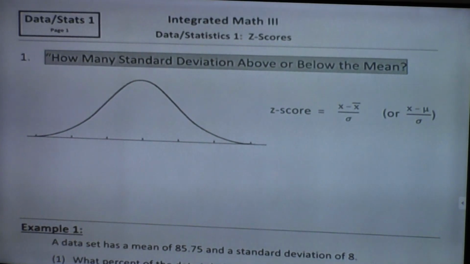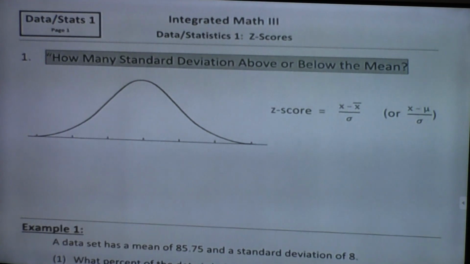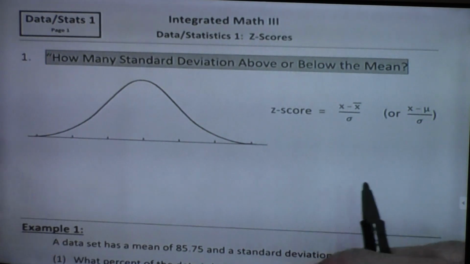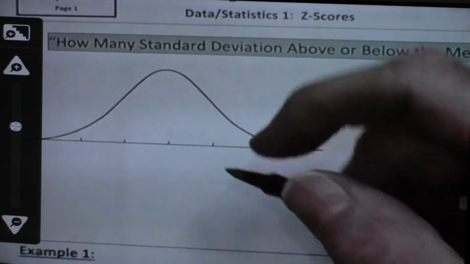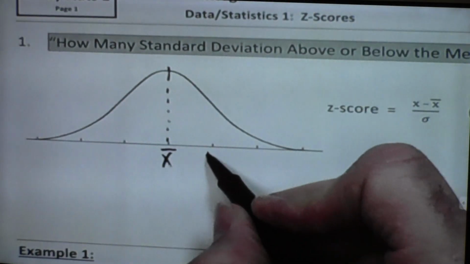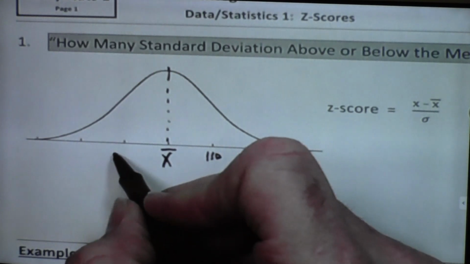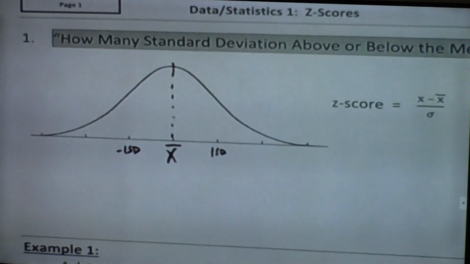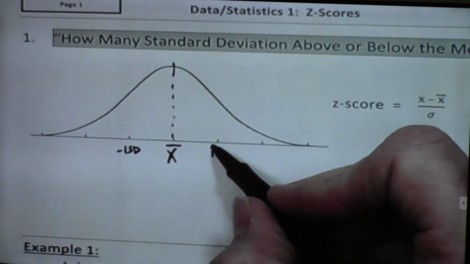Okay, so for z-scores, what z-scores will do is help us with the in-between places. I'm going to do the mean, and this is 1 standard deviation, minus 1 standard deviation, and so on.